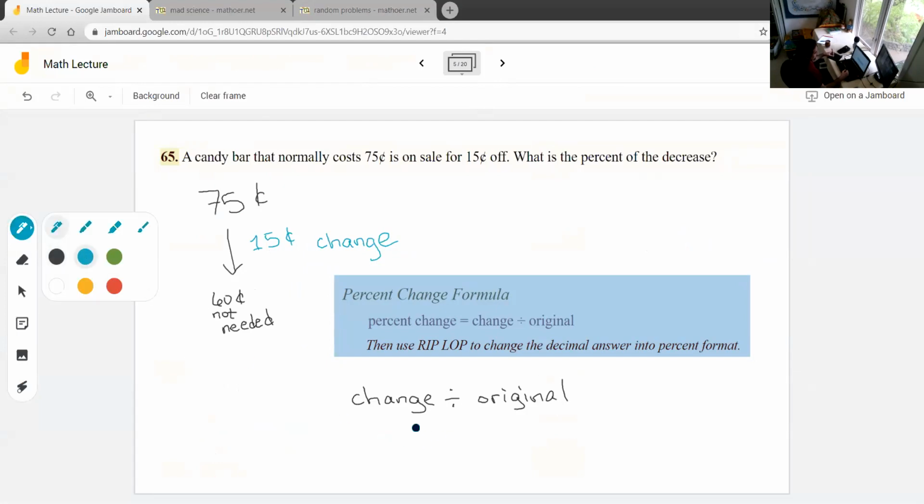Take my change and divide it by what I had originally.